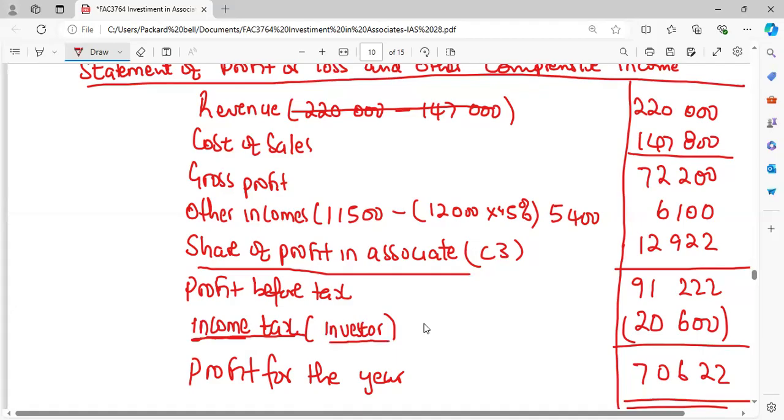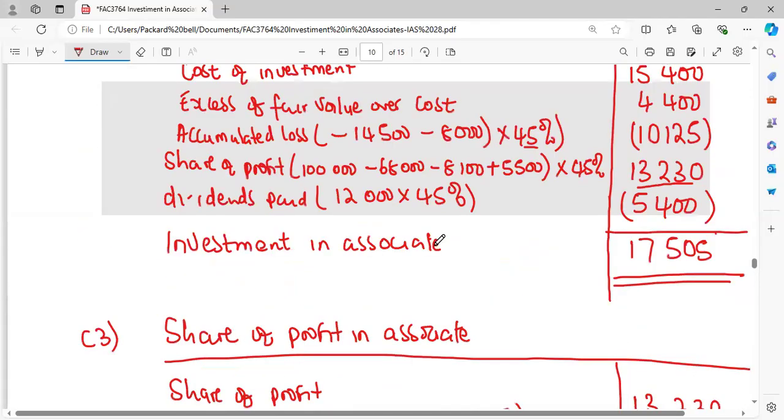If the investor is the one who made the profit, then you need to adjust this line item for income tax by the amount of tax that is going to reduce or increase the tax. So that's basically the difference between IAS 28 and International Financial Reporting Standard 10. I don't know if I'm on the point or I'm missing something.